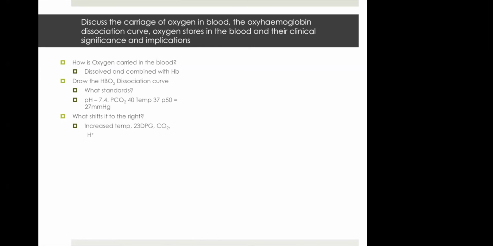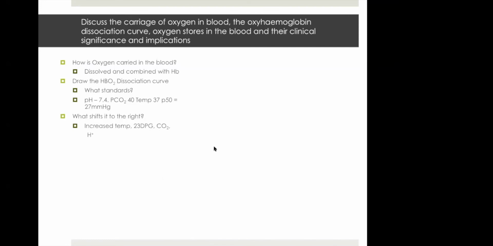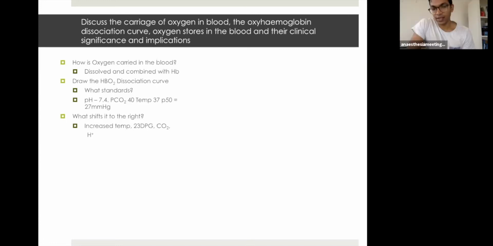How do you get a left shift of the curve? So you have a reverse of that right shifting. So you have a decrease in temperature, a decrease in PCO2, and a decrease in the 2,3-DPG level. Is that it? And I think there's one more.